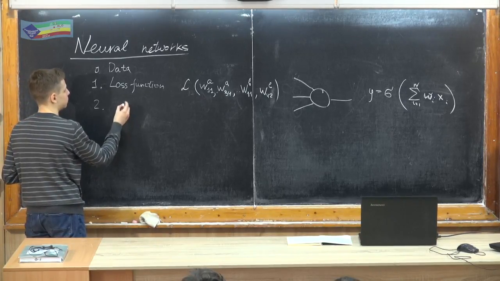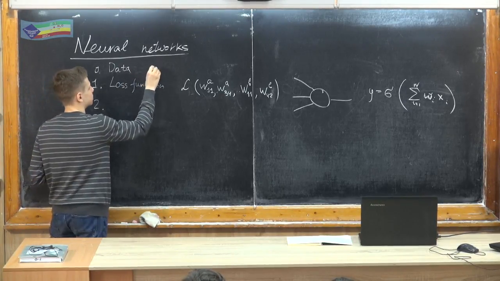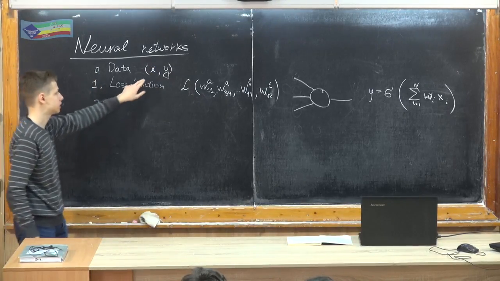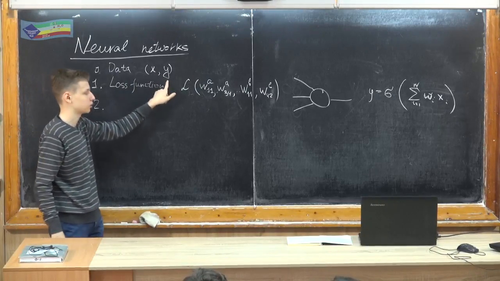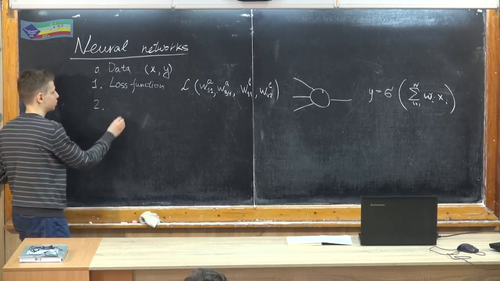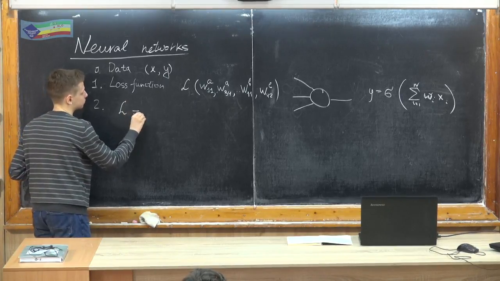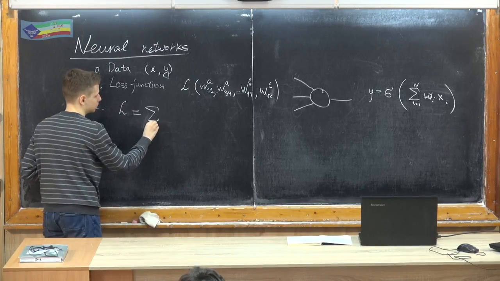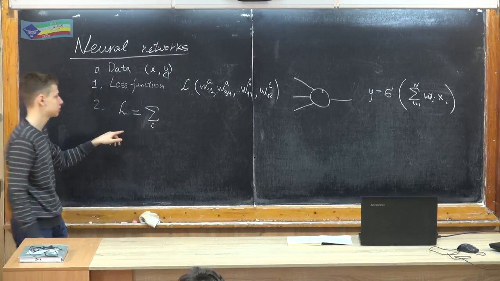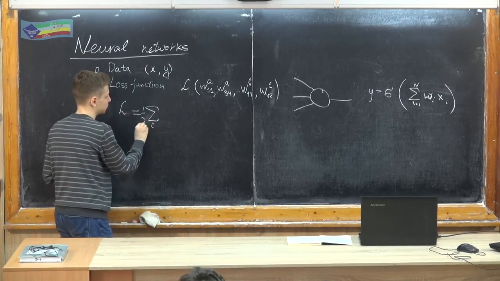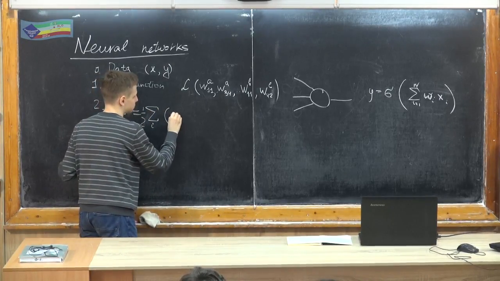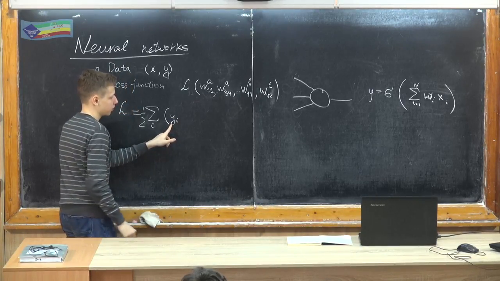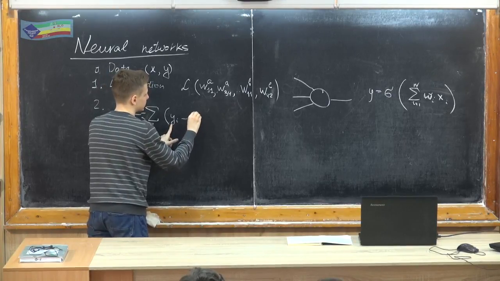So if we have some data, that means that we have some lists x and y, so we have x values and y values. We can define the loss function as the sum over all output neurons of one half of the difference between the output neuron value and the desired one.